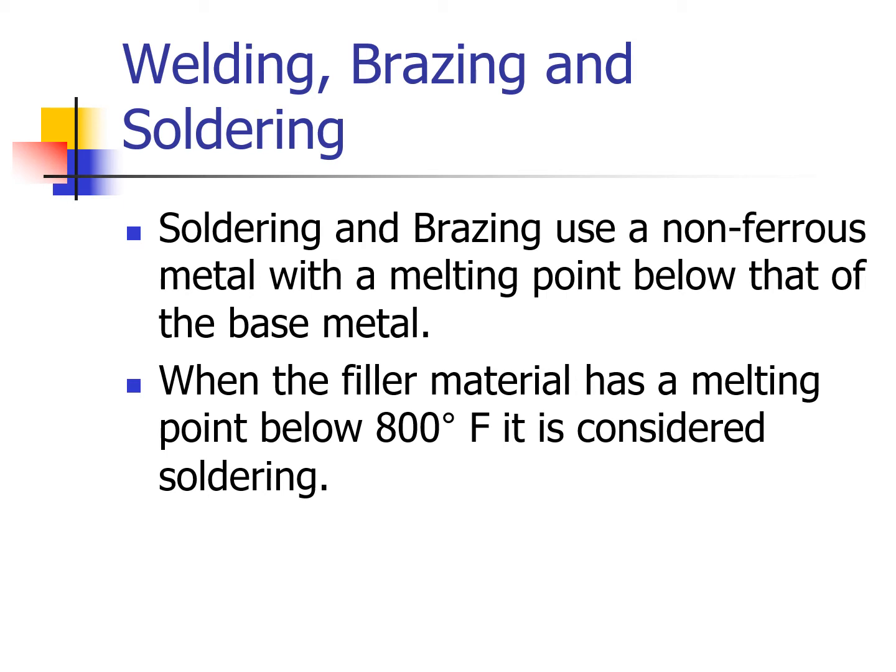But I used lead solder when I was younger, and it was the most common material because, again, it does have a very low melting point. I used soldering mainly for electrical work, for joining electrical components.